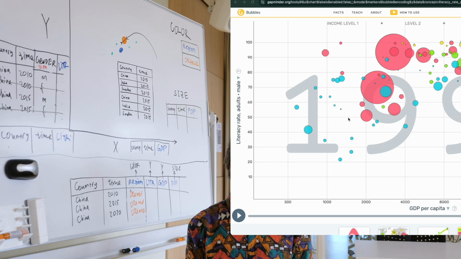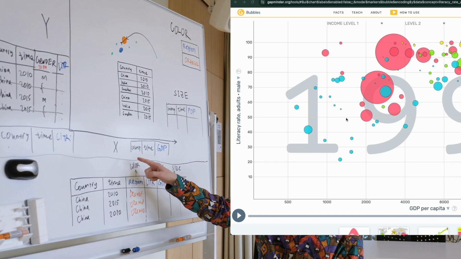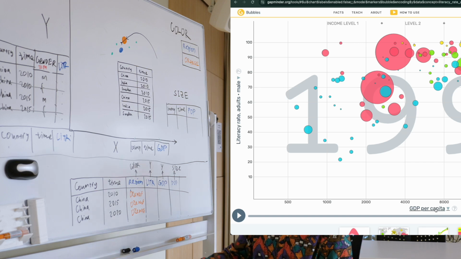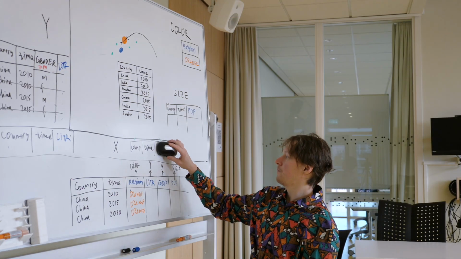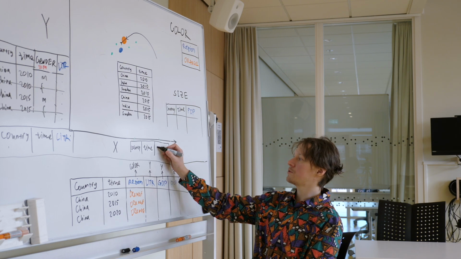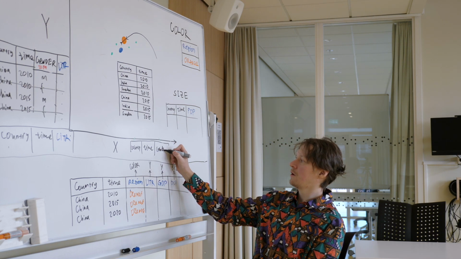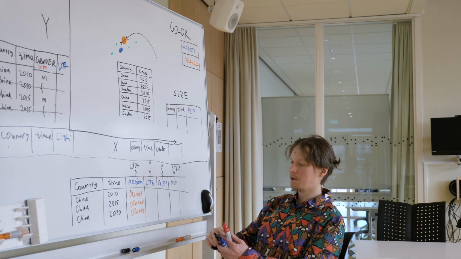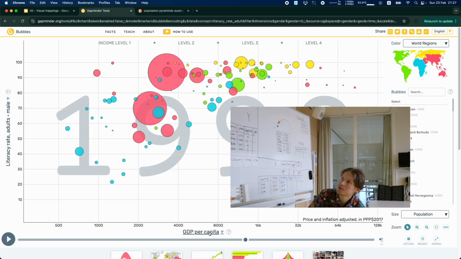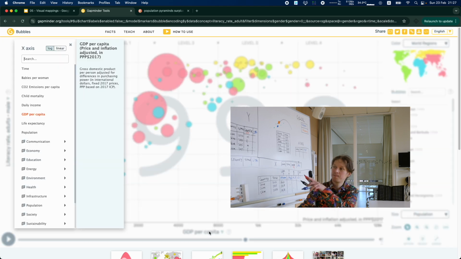Let's do the same thing for X. But instead of GDP, let's do also gender. And then we take, again, literacy, education, literacy rate, adults. Oh, by the way, before I move to the final state, look what you can have here.